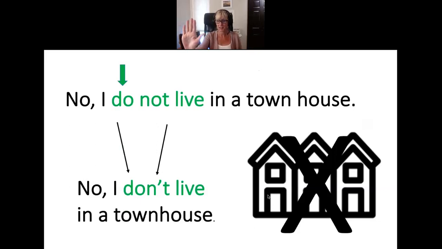That's a good answer. It's very short. Longer: No, I do not live in a townhouse. No, I don't live in a townhouse. They're all good.